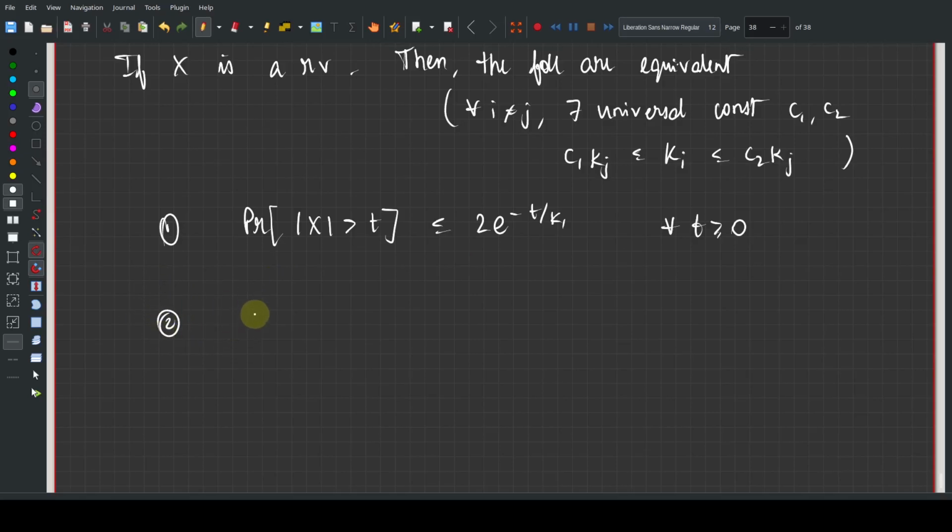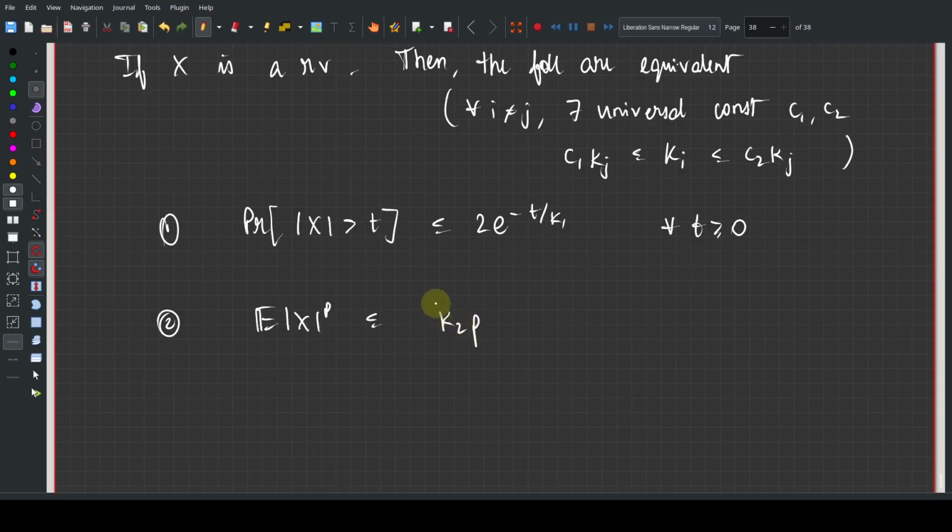Okay? And the second condition, if you recall, was a bound on the moments. The p-th moment of X is less than or equal to, if you recall, what was the upper bound for a sub-Gaussian random variable? What could you say about the moments? Okay, some constant times root p, whole to the power p. Now the moments are going to be slightly larger.